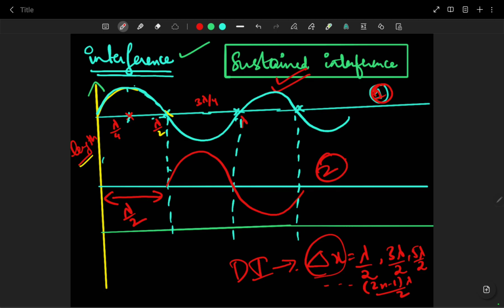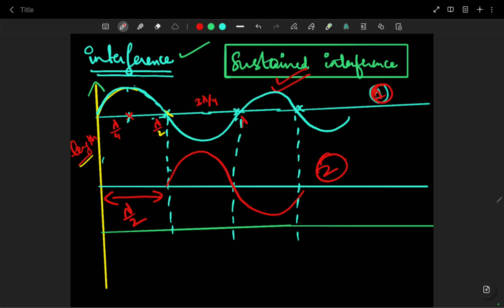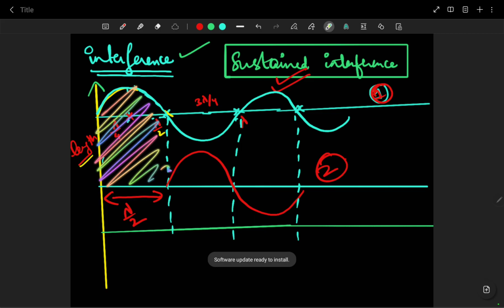Now let us also explore it for constructive interference. Now what I'm doing is I'm trying to shift this second wave for a complete one whole lambda situation. That means previously for waveform 2, I used this as the path difference, right?